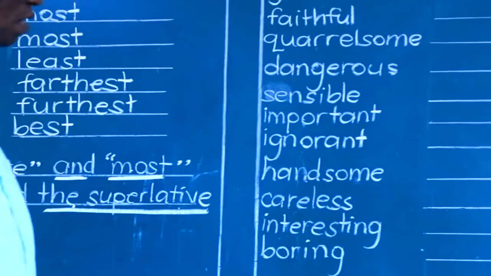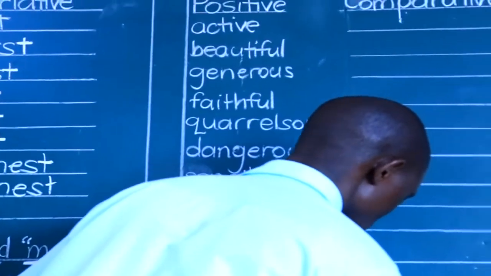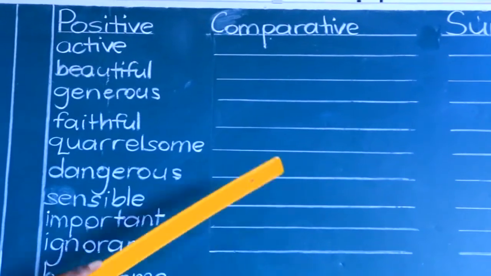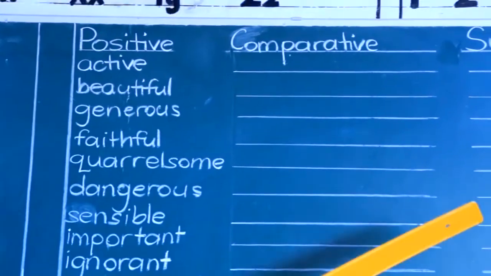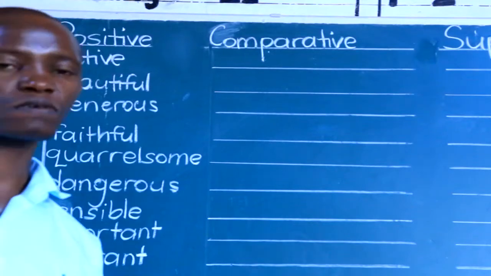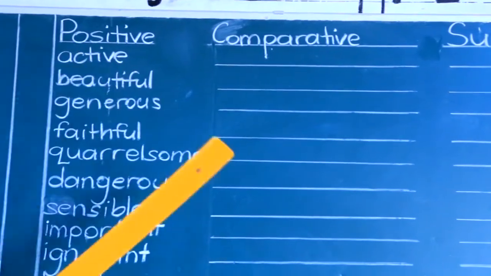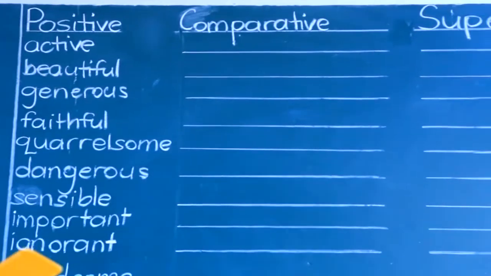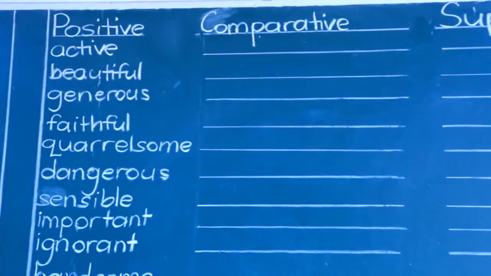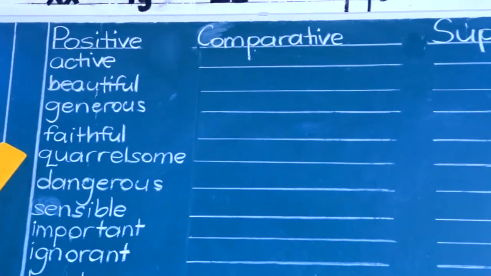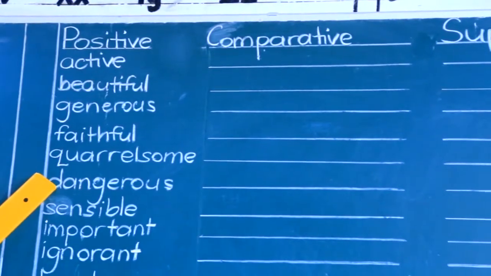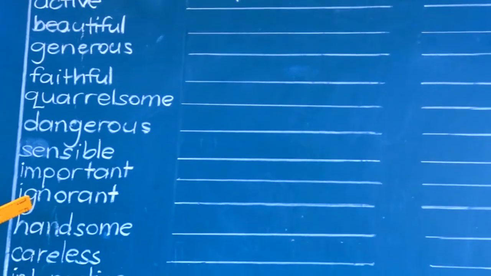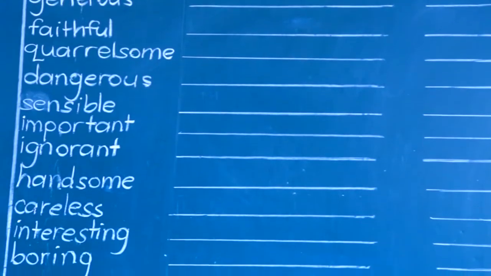Let's go through the list and you see what happens. We have the positive degree here, the comparative degree, and lastly the superlative degree. In the positive degree, first of all, we have active, then beautiful, generous, faithful, quarrelsome, dangerous, sensible, important, ignorant, handsome.